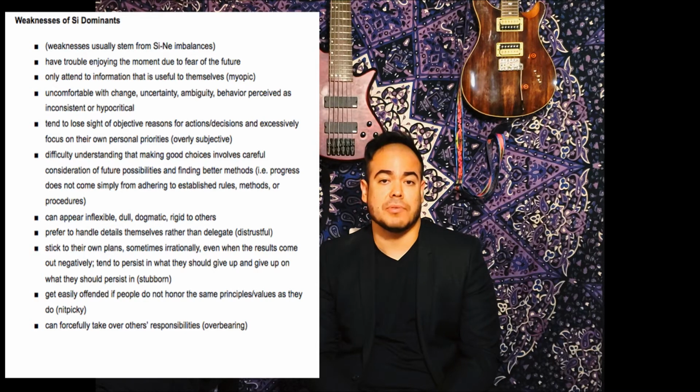The list continues. We need to have an open mind to know, in this case, that the J function and the S function combination can be a little troublesome, especially when those two letters are unbalanced in these two personality types.